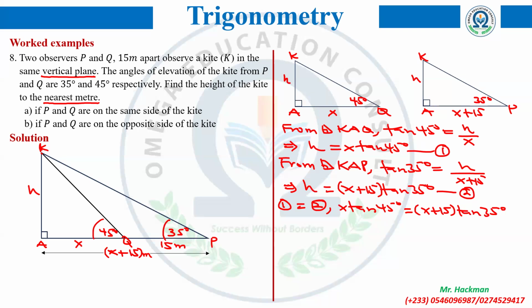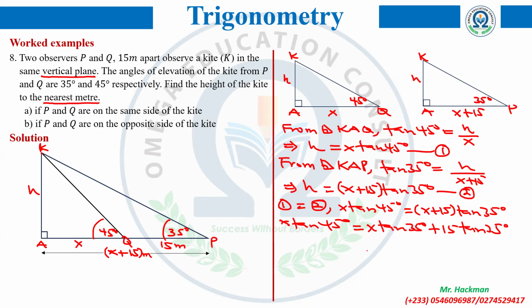I keep the left-hand side as x tan 45 degrees, and that should be equal to x times tan 35, plus 15 tan 35 degrees. So take note of that. I hope my handwriting is legible.